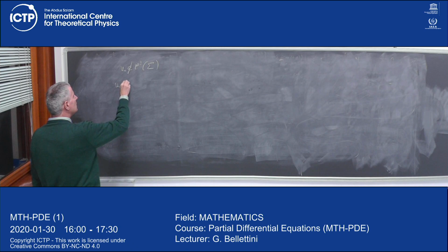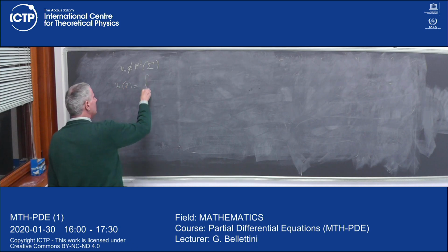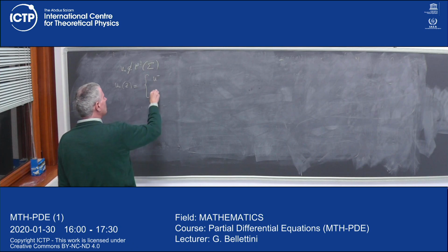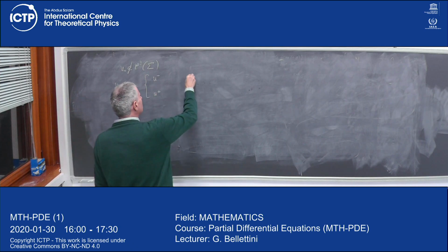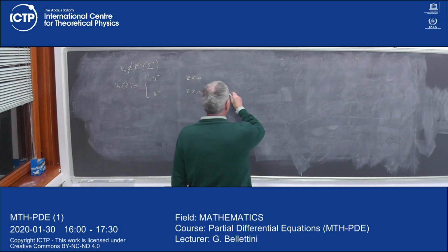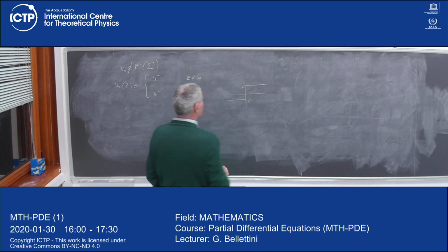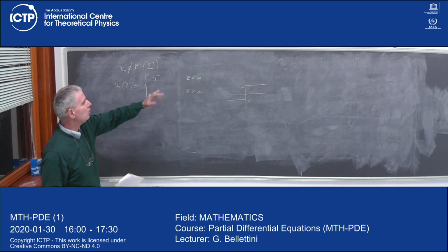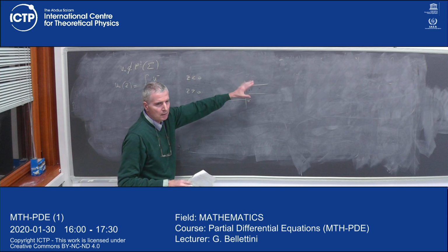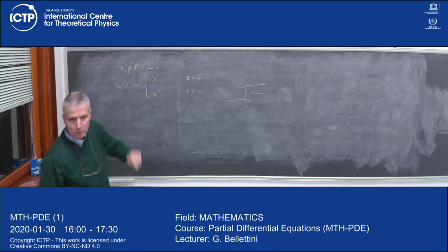Say, for instance, U0 of z takes the values U minus and U plus, or maybe U minus could be larger than U plus, it doesn't matter here, but just two values.